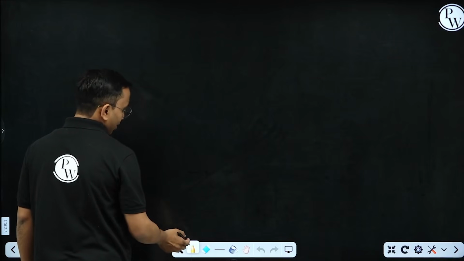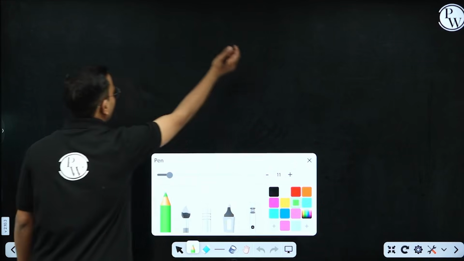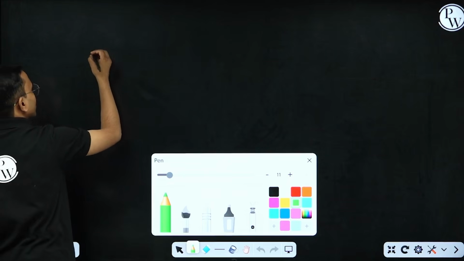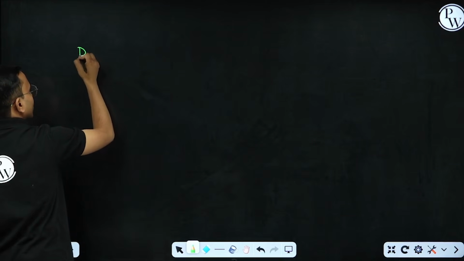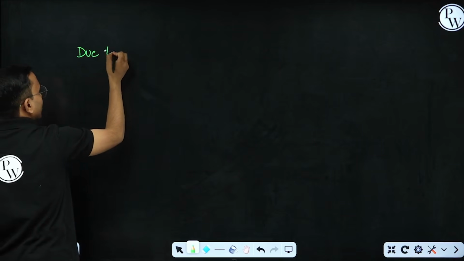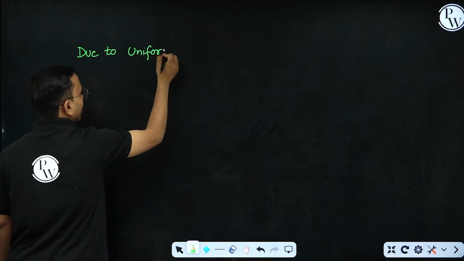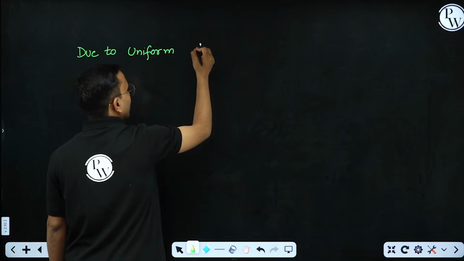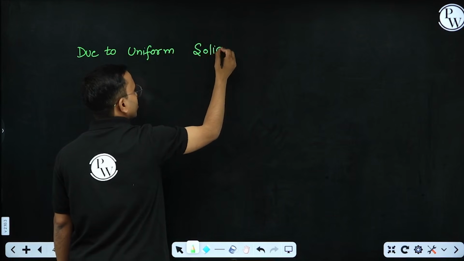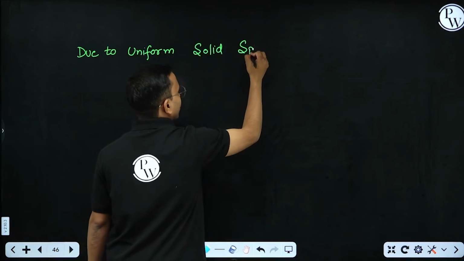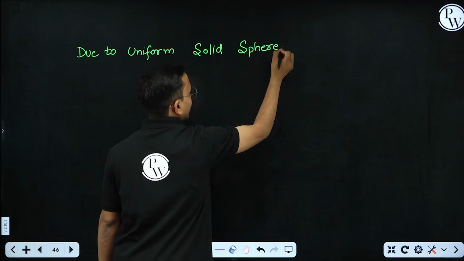Okay, now let us write that potential due to a uniform solid sphere.